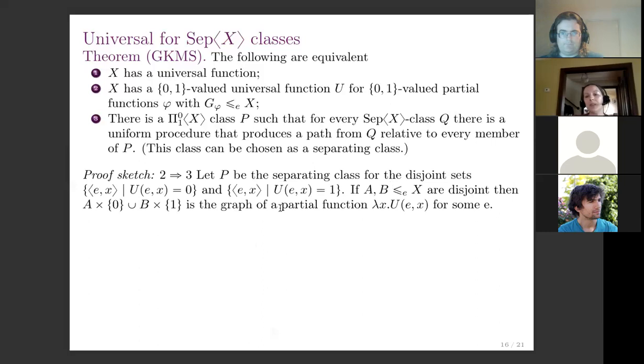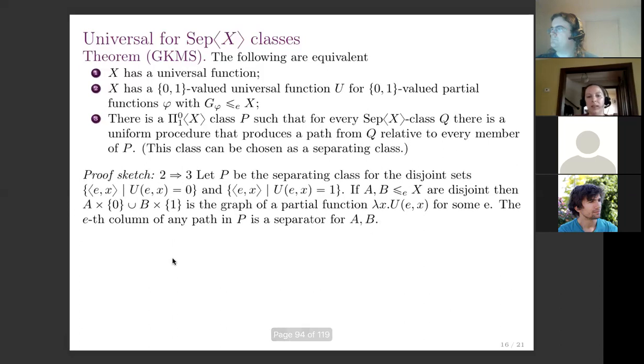If A and B are disjoint sets reducible to X, then A×{0} union B×{1} is the graph of a partial function with graph reducible to X. So it's the e-th column of the universal function for some index e. Then the e-th column of any path in P will allow us to compute a separator for A and B.